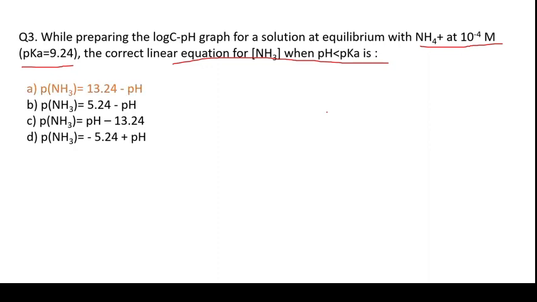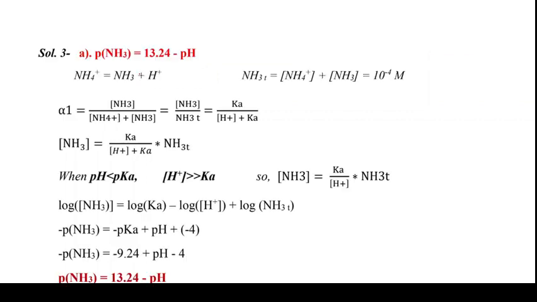We'll see the solution now. So the solution is log NH3 is equal to 13.24 minus pH. How did we get this equation? Ammonium ion yields NH3 plus H plus, and what will be NH3 total? This we got from the tableau.